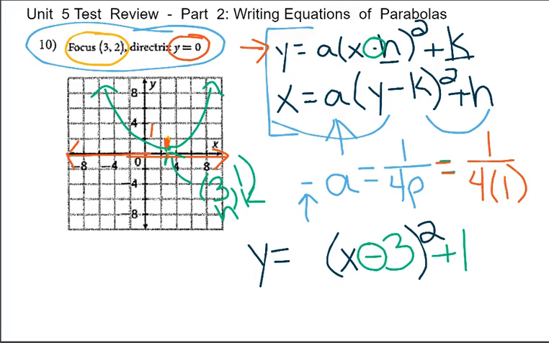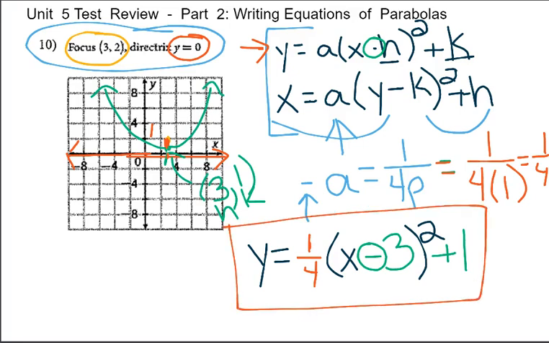So it is 1. If I was going to reduce this, it would be 1 over 4 times 1, which is 4. So my a is 1 over 4. My a is going to be positive because my parabola is pointing up towards positive numbers. And that would be my equation.